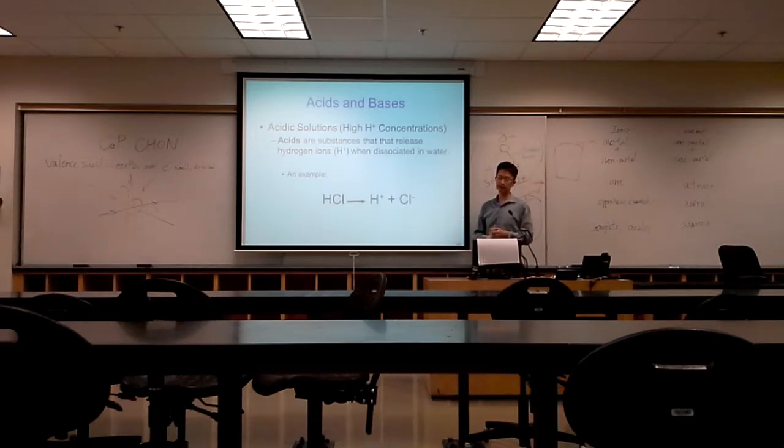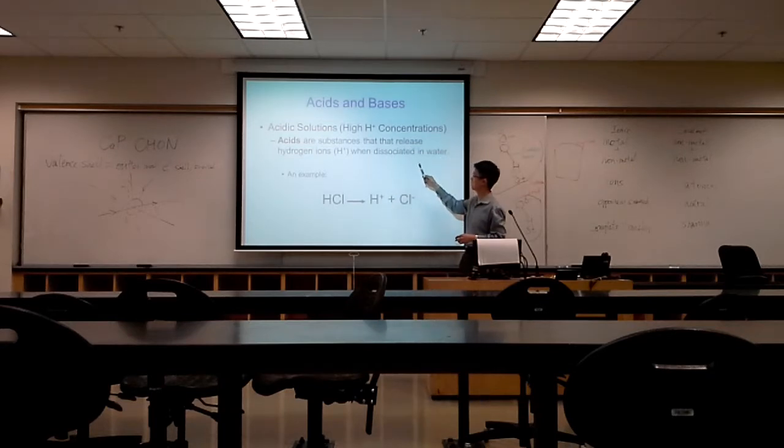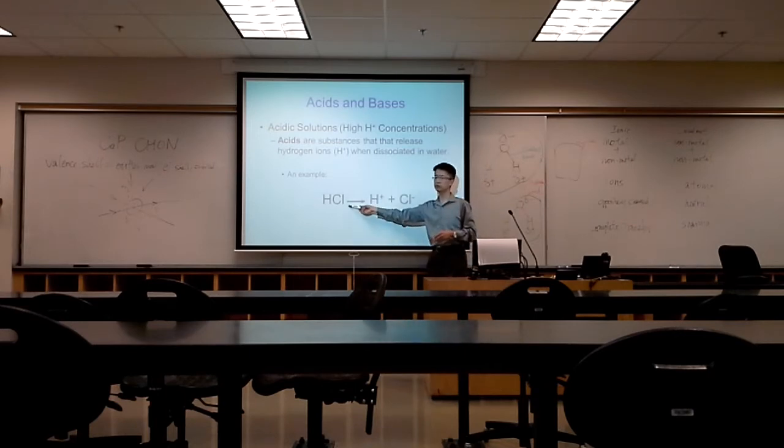How do we define acid? Acid is a solution that has a high hydrogen ion concentration, or a substance that releases hydrogen ions. See, dissociate. For example, when we dissolve HCl, hydrochloric acid, into water, HCl will dissociate into hydrogen ion and chloride ion.